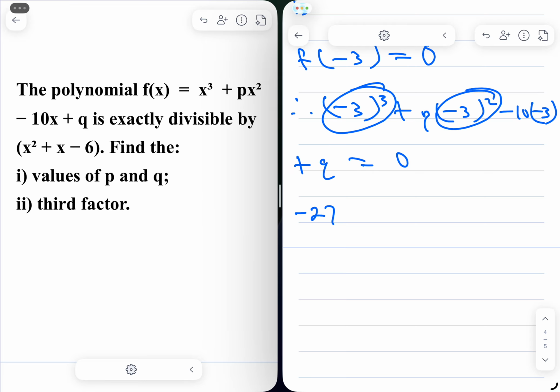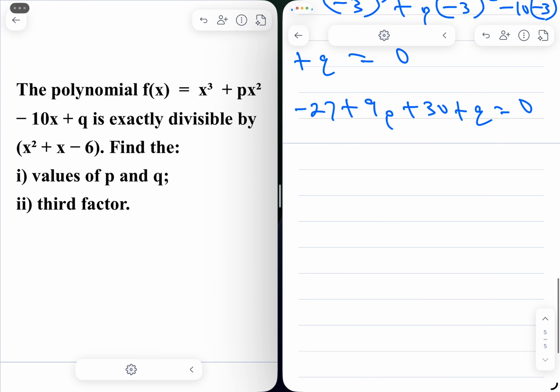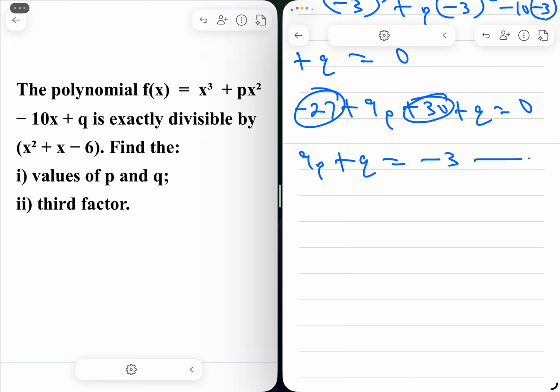The square of minus 3 is 9, times p, plus 9p, plus minus 10 times minus 3 is plus 30, plus q equals 0. And that simply means 9p plus q, minus 27 plus 30 is plus 3. When you move that to the right hand side, it becomes minus 3. Let's make that equation 2.